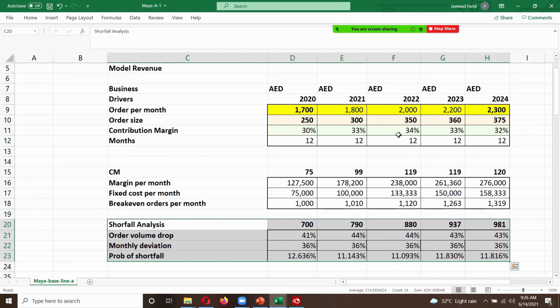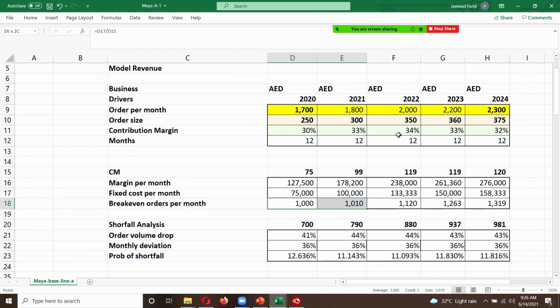Now we're asking a different question. We're saying, I need about 1,000 orders per month to break even. I need 1,000 orders per month to cover all my fixed costs. Right now, I'm generating about 1,700 orders per month.